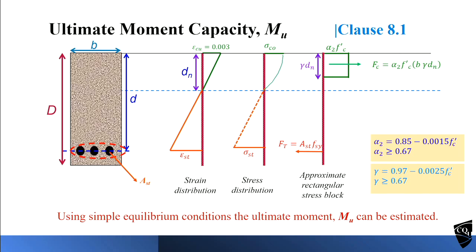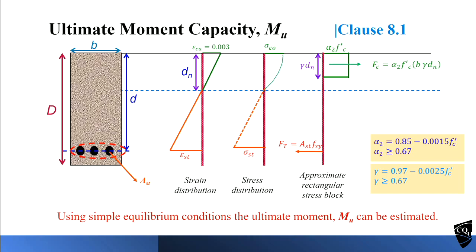If you have these, then we need to calculate the moment: how much moment the beam can carry before failure. So I apply the bending moment and bring it almost to the failure stage.